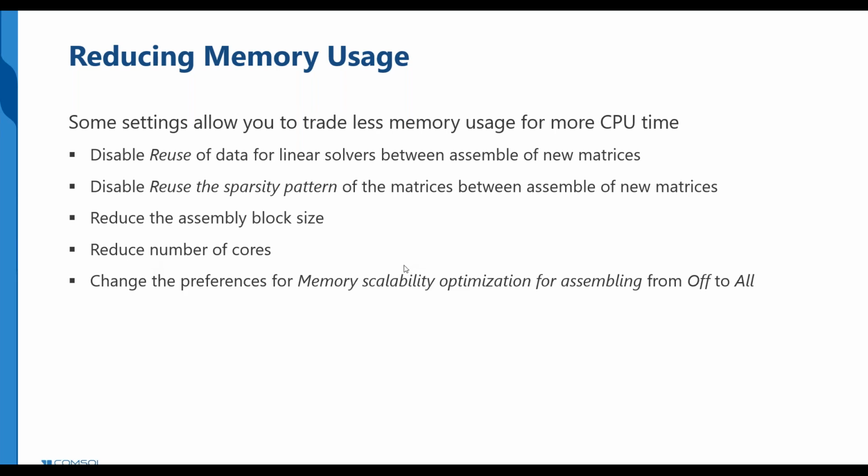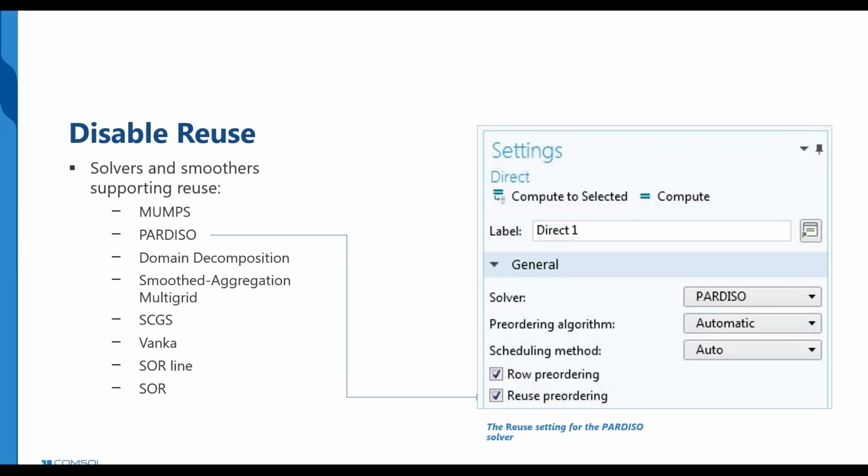I will quickly go through them. You will find them on the slides afterwards. They are not so interesting to go through, but you will have settings on the linear solver side, both for direct solvers and for iterative preconditioners.